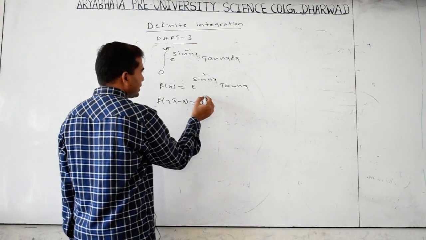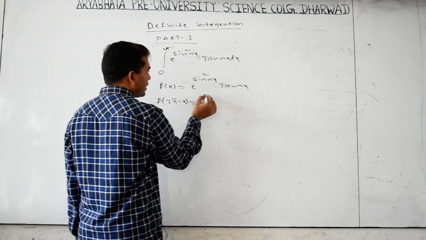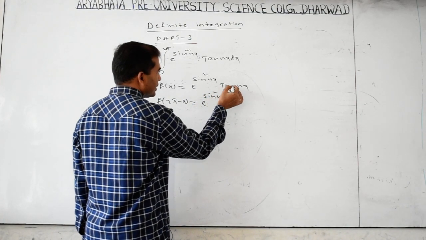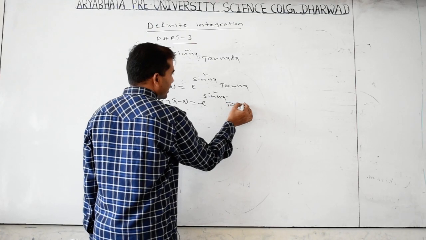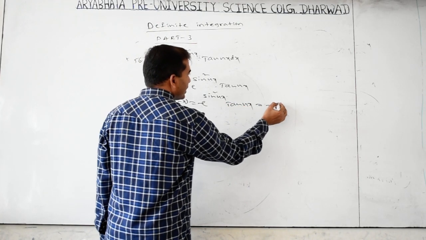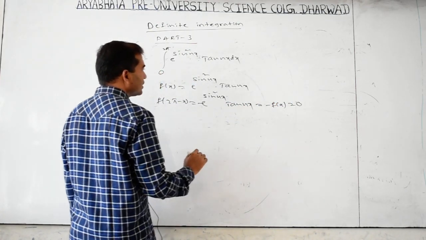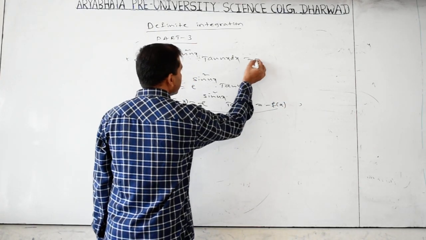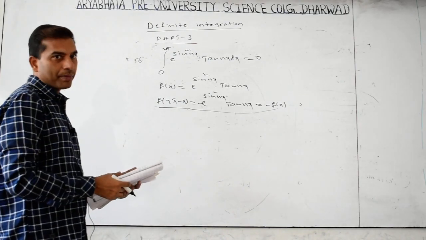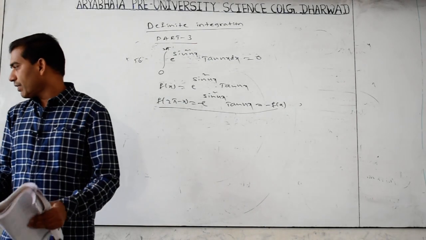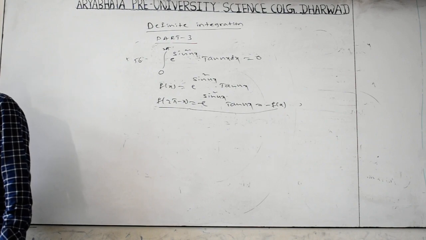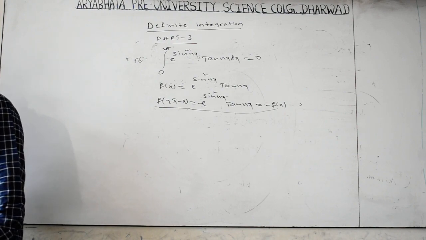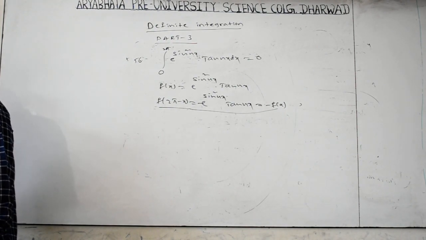Sin of 2 pi minus x is minus sin x, but the square is there, so it is positive, sin square nx. Here we will get minus tan nx. So the answer is minus f of x. When f of 2 pi minus x equals minus f of x, the answer is 0 by the property: integral 0 to 2a of f of x dx equals 0 if f of 2a minus x equals minus f of x.